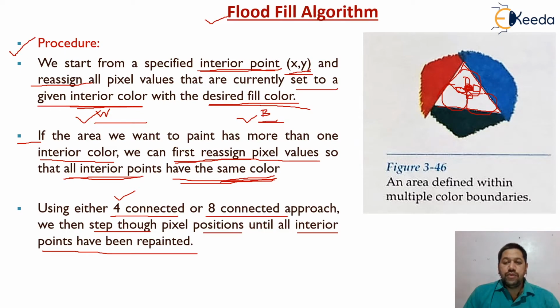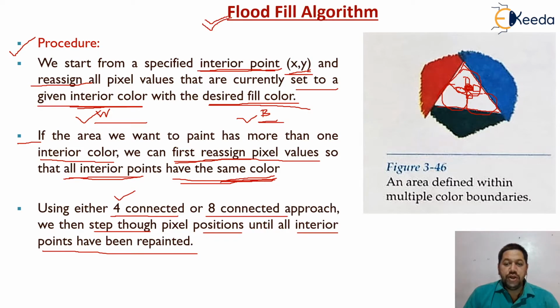Again, check whether this neighbor pixel is having the interior color, white. If it is already having the interior color white, yes, fill it with the desired color. In this way the complete polygon or area is filled with the color, and that is what is expected in the flood fill algorithm.